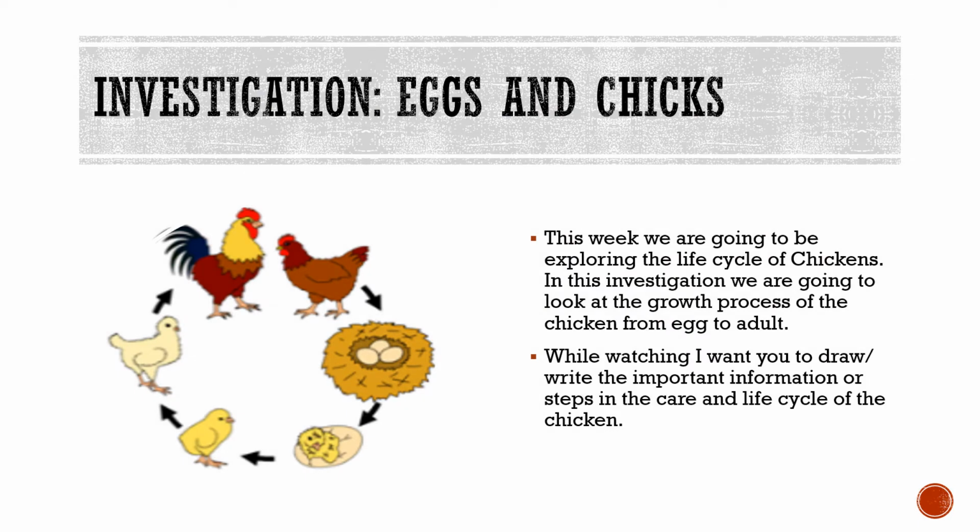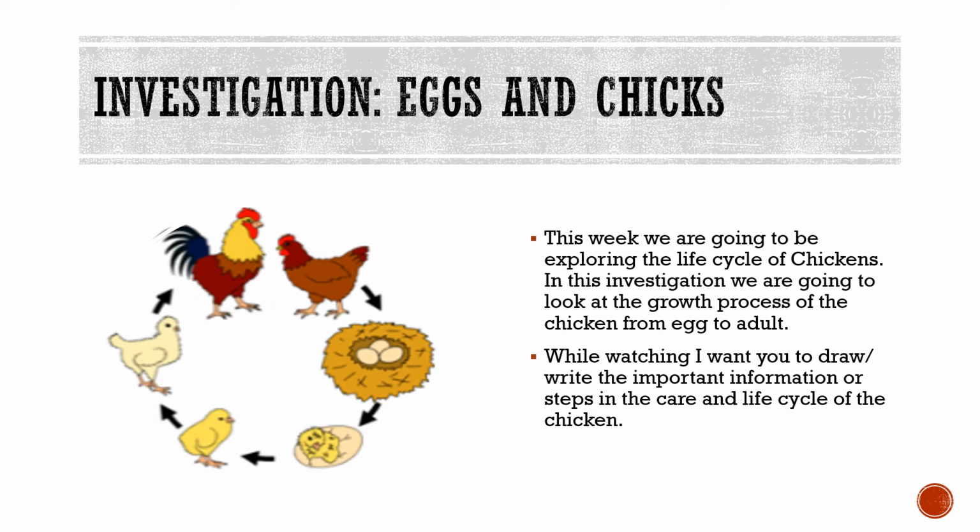Investigation, eggs and chicks. This week we're going to be exploring the life cycle of chickens. In this investigation, we're going to look at the growth process of the chicken from egg to adult. While watching, I want you to be able to draw or write the important information or steps in the care and life cycle of the chicken.